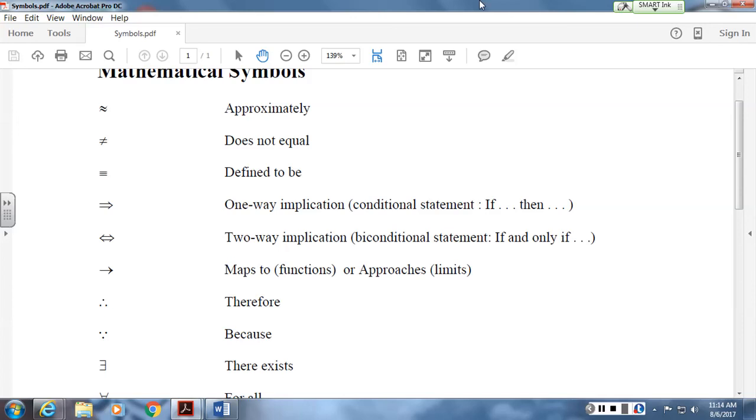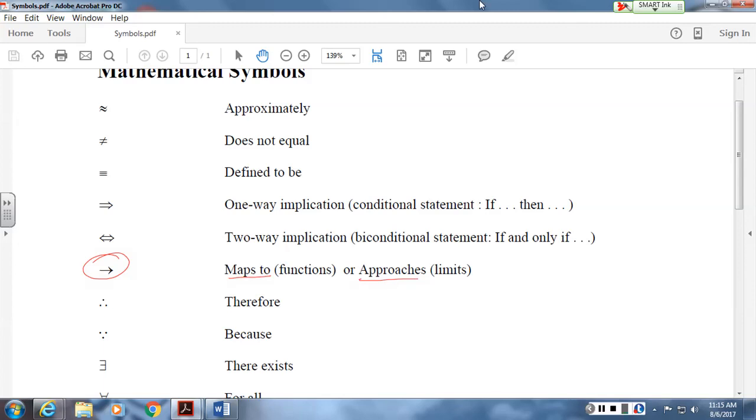All right, some students will use this symbol as if it's an equal sign. Yikes, no way, man. Arrows are not equivalent to equals. Don't do that. You're going to get points taken off, all right? This actually means approaches or maps to. Those are the actual phrases.